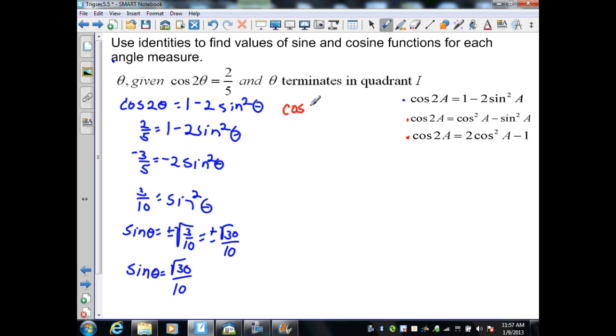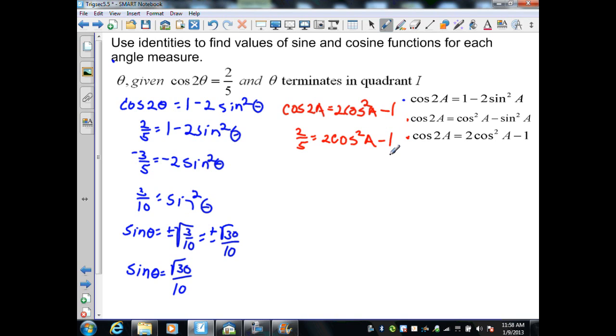Cosine 2a equals 2 cosine squared a, or theta, minus 1. Substitute. I know cosine 2 theta is 2/5 equals 2 cosine squared a minus 1.